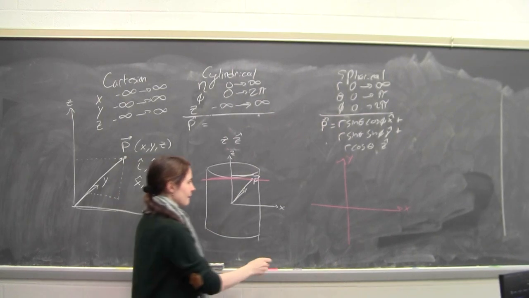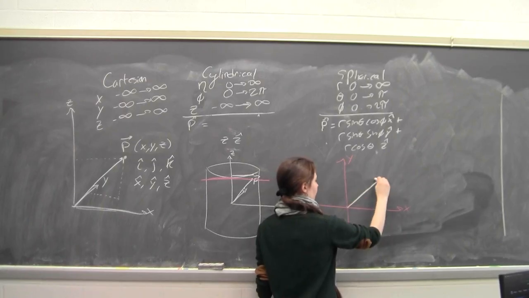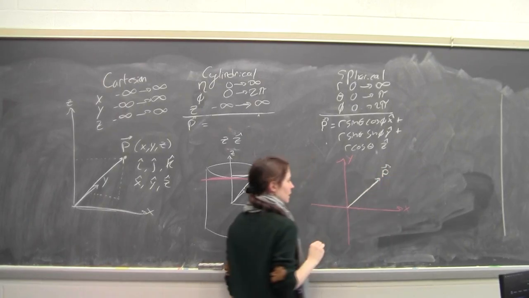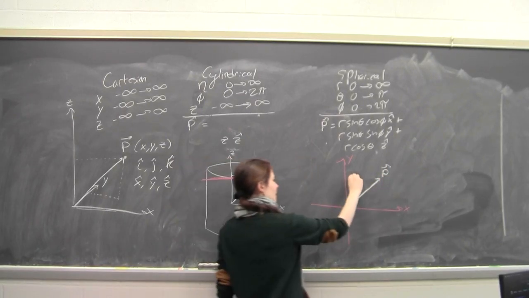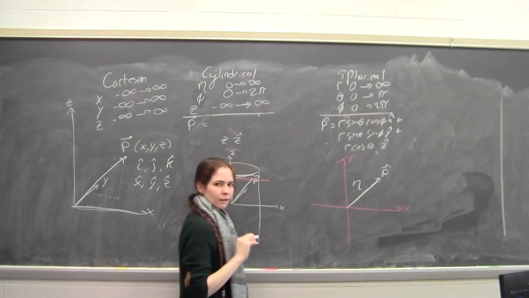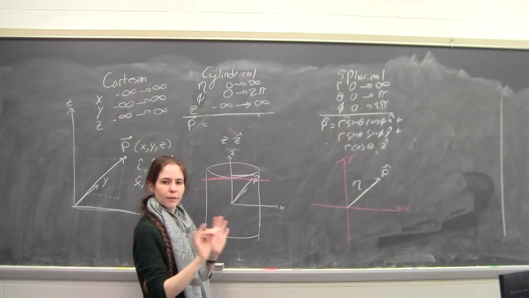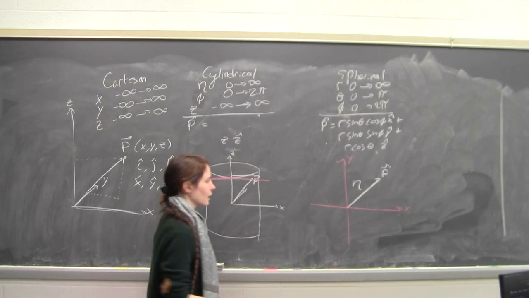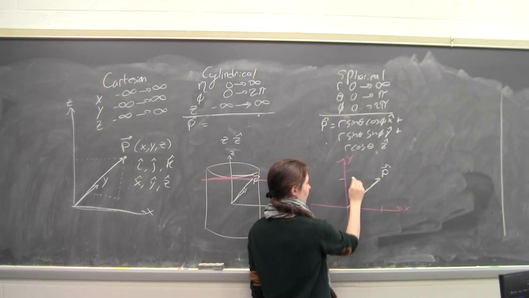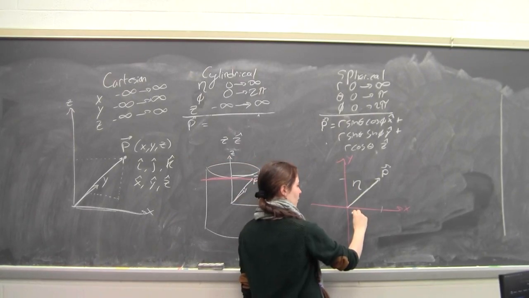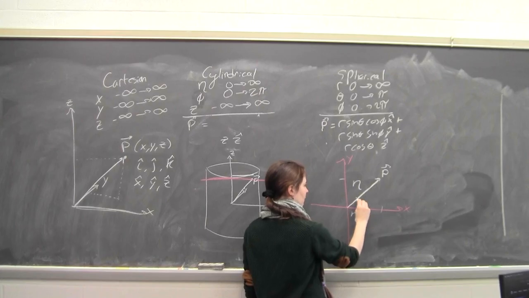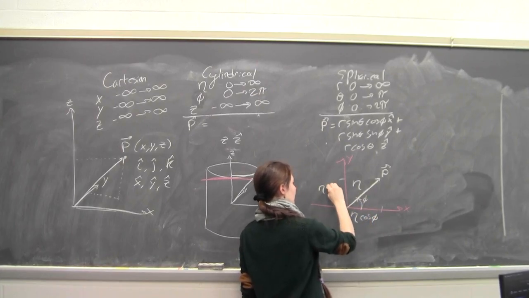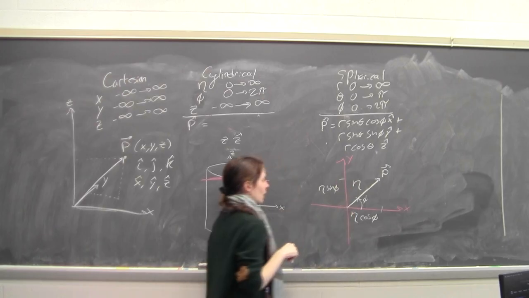So you can see that when we draw our vector p in the xy plane, it just has a length eta. No need for there to be a sine theta or anything. It's just a length eta, and that means that the x and y components of this vector are just going to be eta cosine phi and eta sine phi.